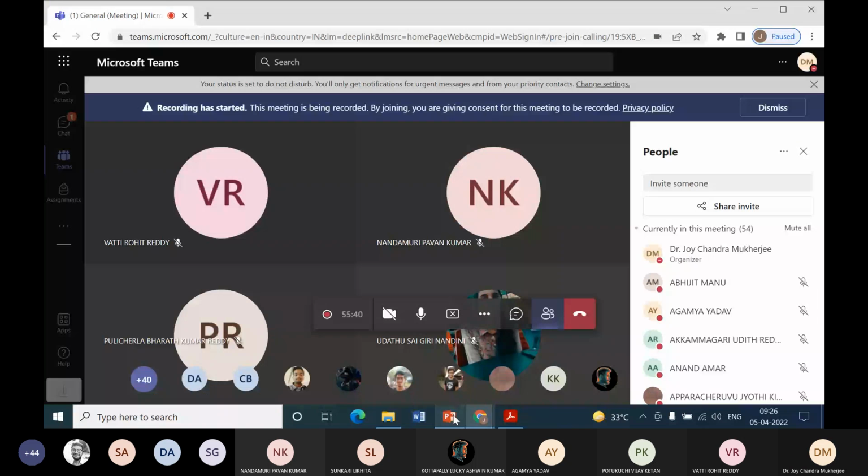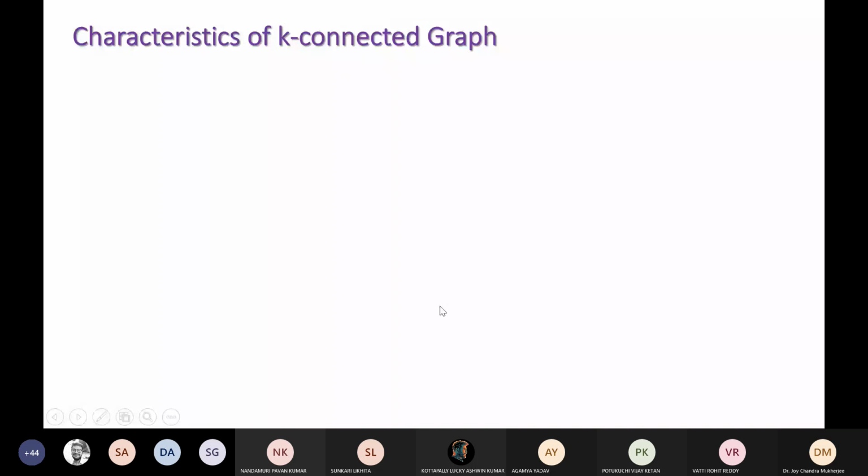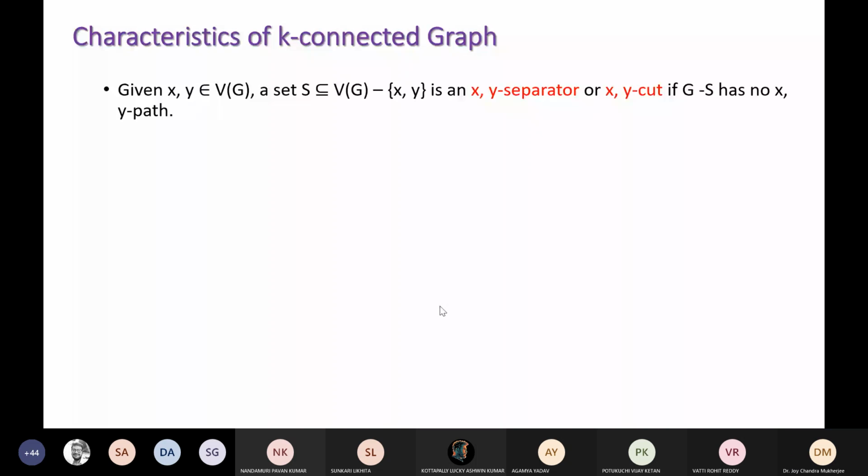Now, characteristics of K connected graph. Suppose you are given a graph G, it has a vertex set V and an edge set E, G equals (V, E), and you take any two vertices X, Y in it.